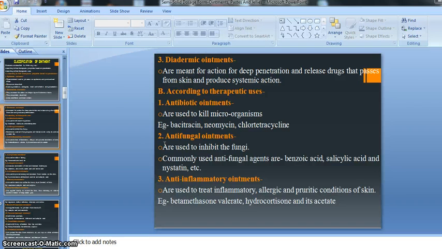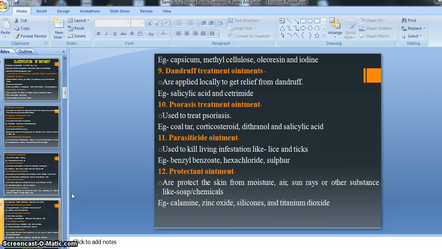If our ointment shows antibiotic action, then that ointment is kept in the antibiotic category. In simple language, on the basis of their pharmacological action, the ointments are classified. There are 12 kinds of ointment classified according to their therapeutic or pharmacological action. This thing we have also done.